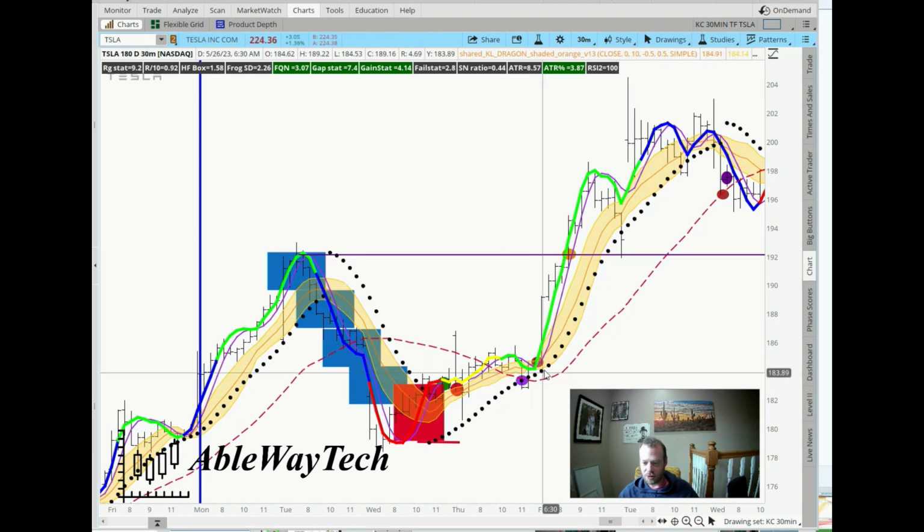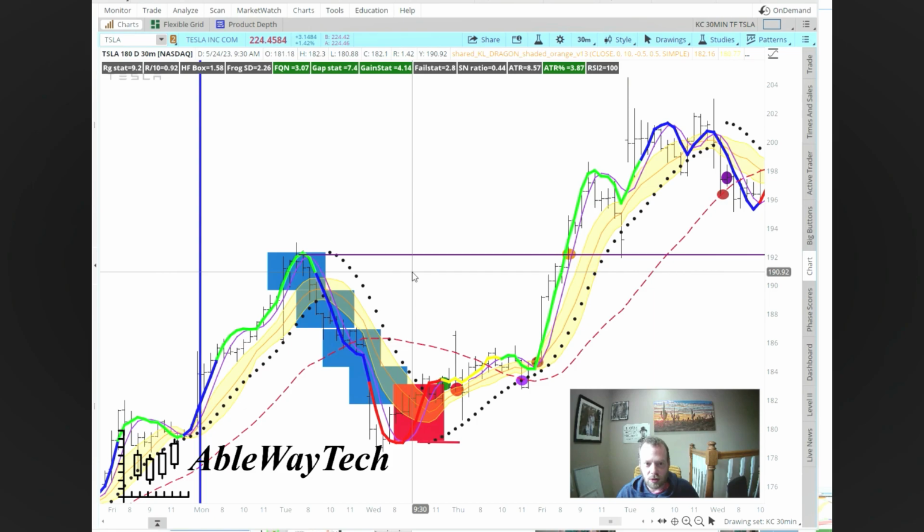You get this interesting scatter plot of the different exits: some way up here, some in the middle. It's going to be cool to share this with you and see how the different exits work out, what the advantages and disadvantages of each are, and what feels right to me is the one I'll end up picking to trade.